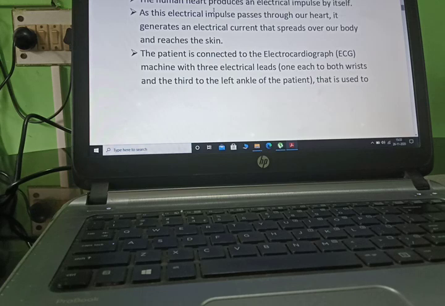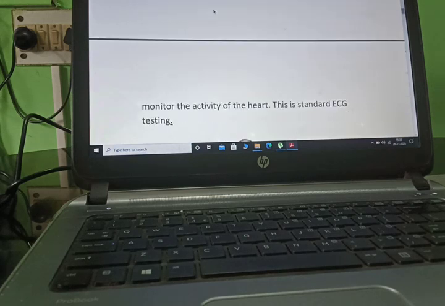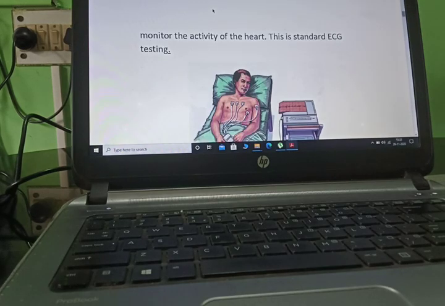As this electrical impulse passes through our heart, it generates an electrical current that spreads over our body and reaches the skin. The patient is connected to the ECG machine with three electrical leads, one each on both wrists and the third one on the left ankle of the patient, and that is used to monitor the activity of the heart, and this is standard ECG testing.